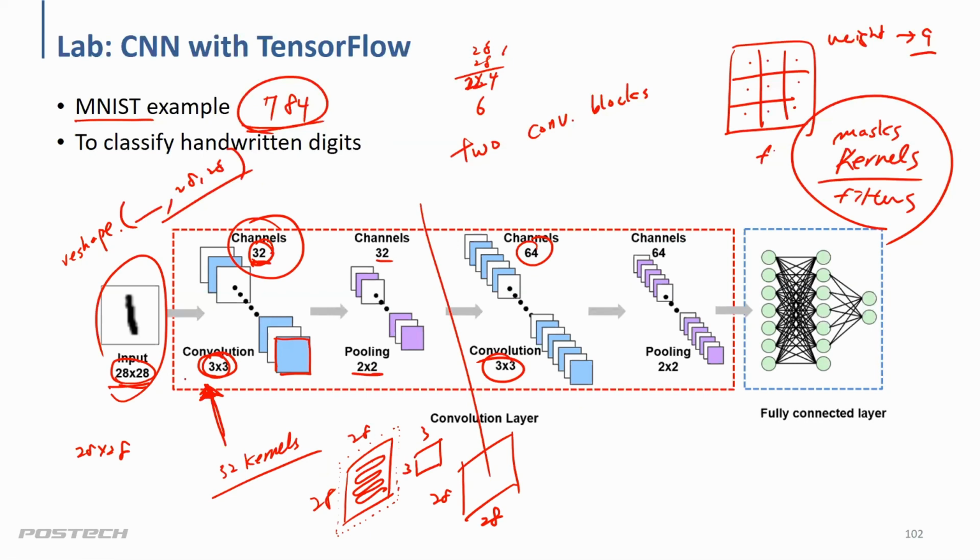So in here, we have 32 channels and the same size, followed by max pooling with a 2x2 window size, which does not change the number of channels. It's going to be the same. But what about the size of this one? This one is 28 by 28.